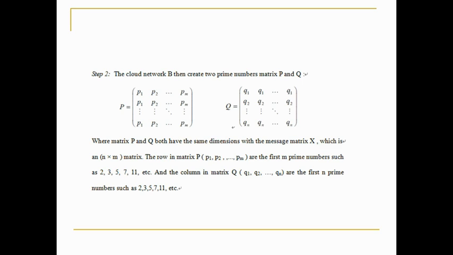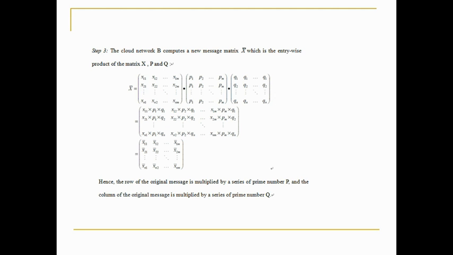The rows in matrix P are the first n prime numbers such as 2, 3, 5, 7, 11, etc. And the columns in matrix Q are the first n prime numbers such as 2, 3, 5, 7, 11, etc. In the third step, cloud network B computes a new message matrix Kx, which is the entry-wise product of matrices X, P, and Q. Hence, the rows of the original message are multiplied by a series of prime numbers P, and the columns of the original message are multiplied by a series of prime numbers Q.